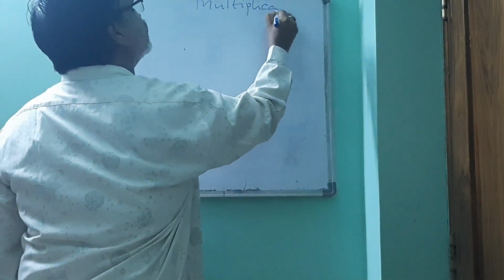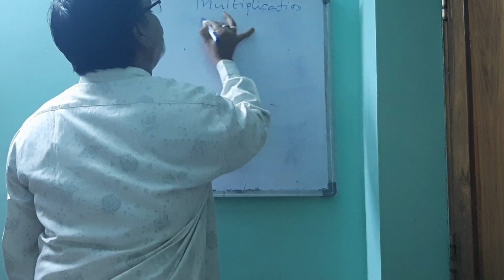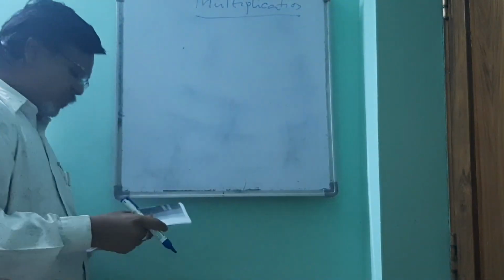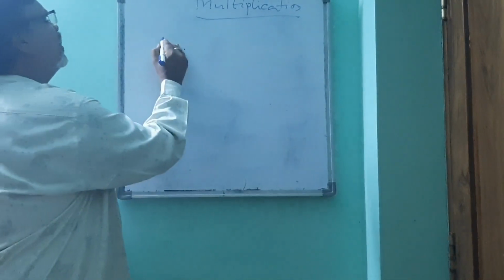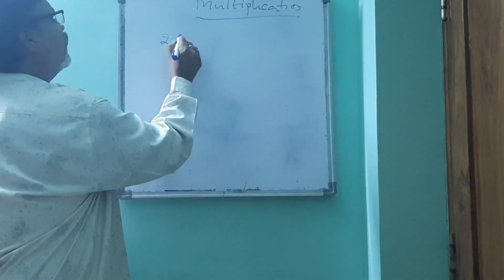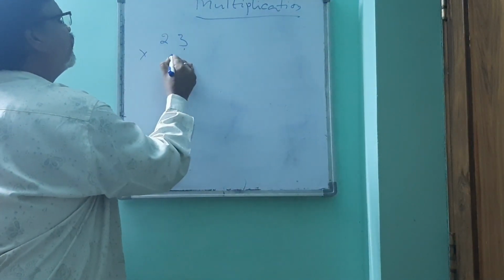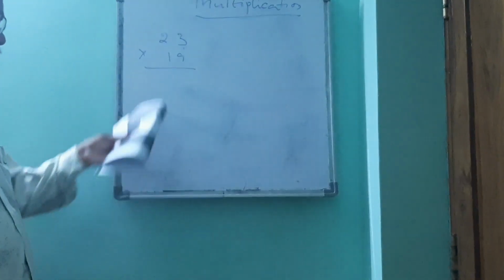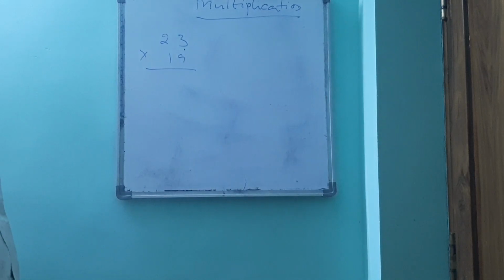Multiplication. In general, you take a number in our usual form. If you want to perform a multiplication like this, this is a decimal number.